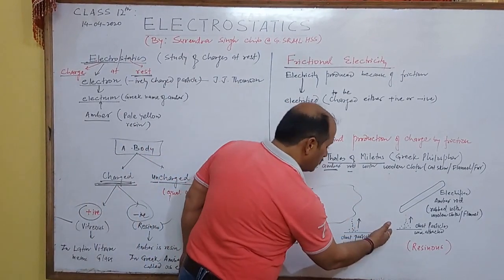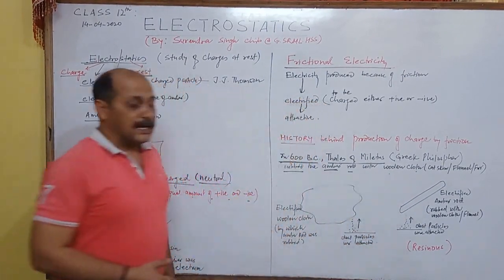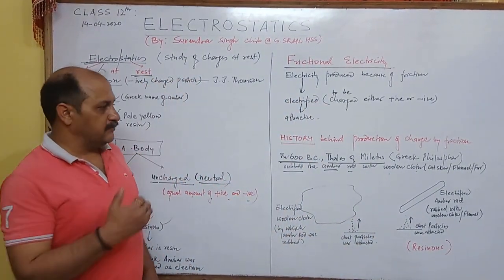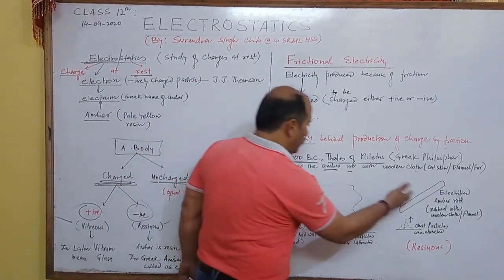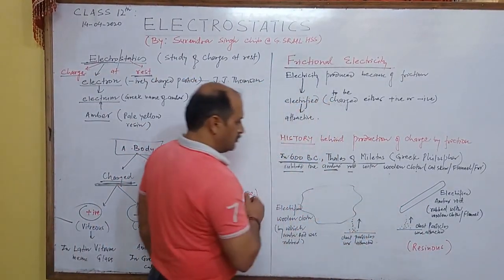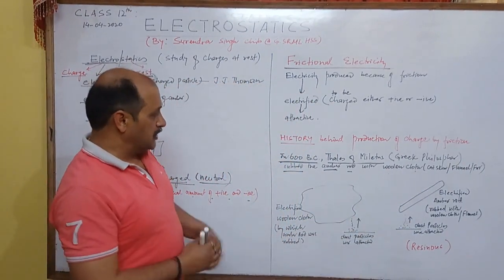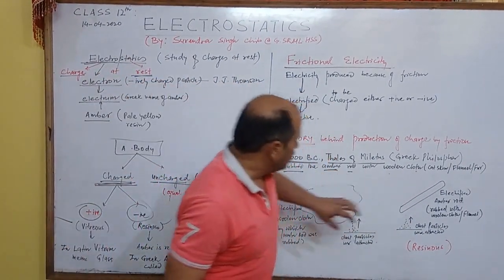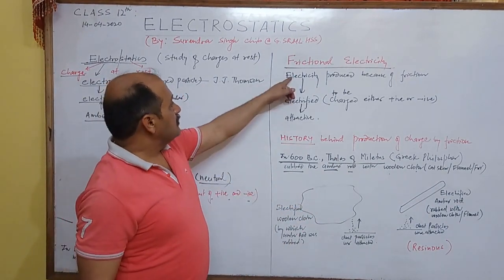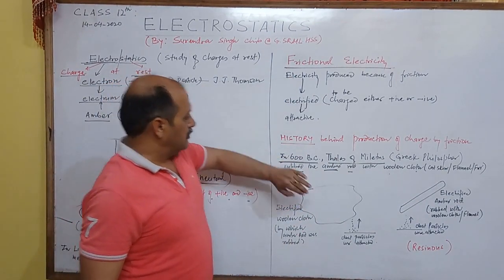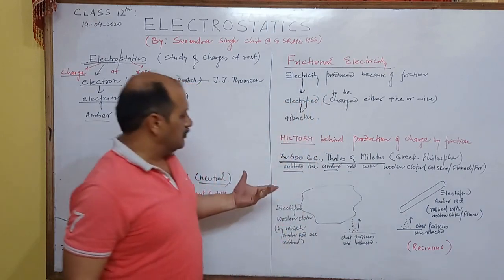It means both are electrified. Both attain the property of attracting some dust particles. How these dust particles are attracted, I will explain later on. But they are electrified. So this is called frictional electricity. The two things become electrified by friction.